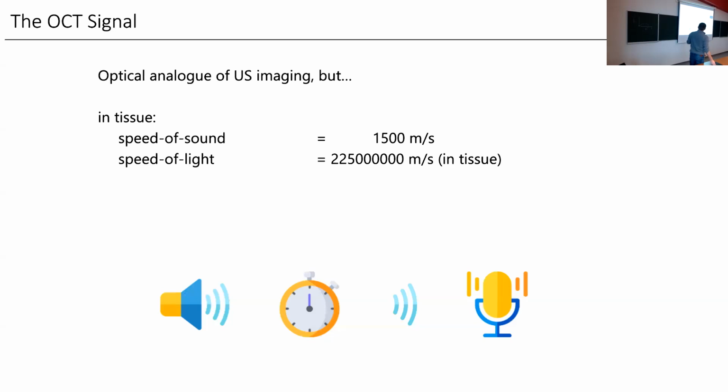If it is the optical analog of ultrasound imaging, that's all nice and good, but there is an issue, because the speed of sound is about 1500 meters per second, and the speed of light is quite a bit larger. If we can only look 2 millimeters deep, the light travels 4 millimeters, and the echo would come only a few picoseconds after the light was sent in.